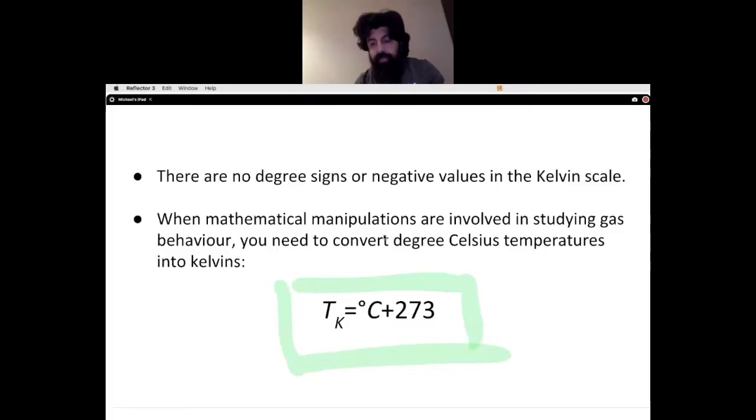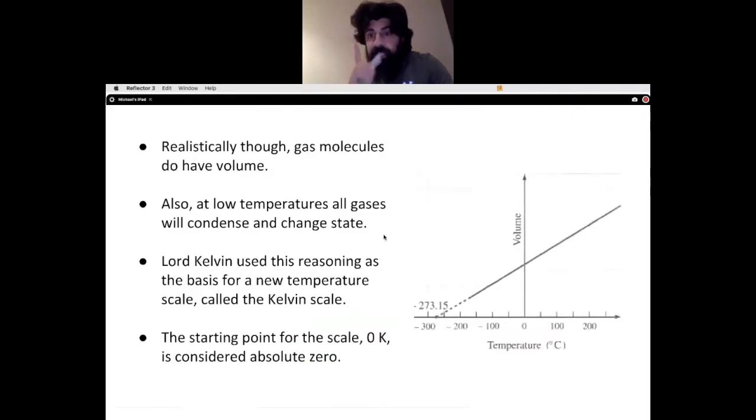The temperature in Kelvin is degrees Celsius, whatever the degrees Celsius, plus 273. This will prevent us from getting a negative value for temperature, because the smallest value for temperature, if we use the Kelvin scale, is 0 Kelvin.